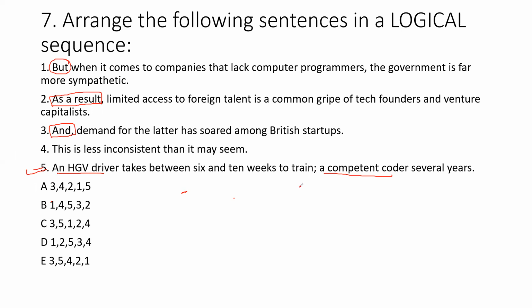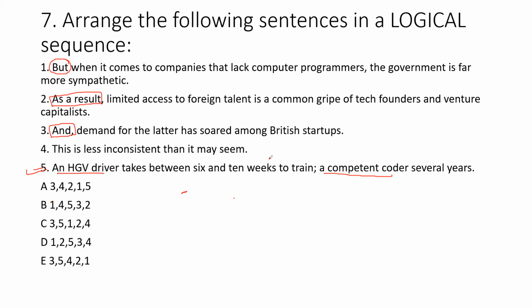Sentence 5 is more towards understanding the context. So we need to have a generic idea followed by an example maybe of HGV driver, because it becomes specific over here. So let's see, how does it go?